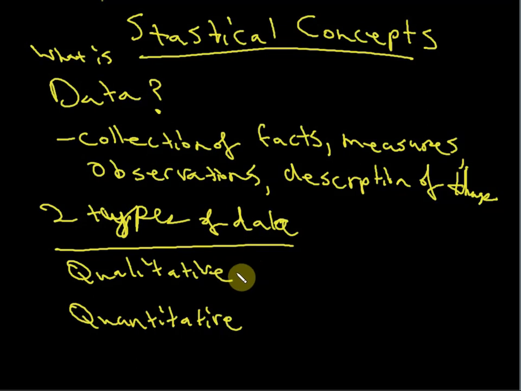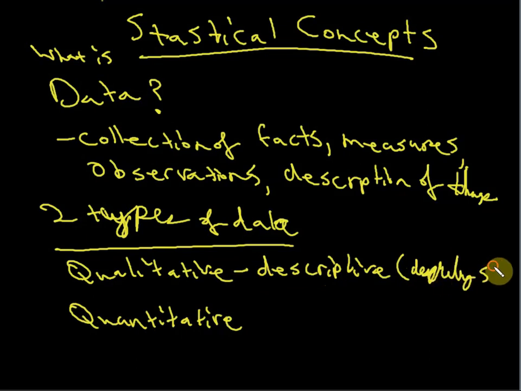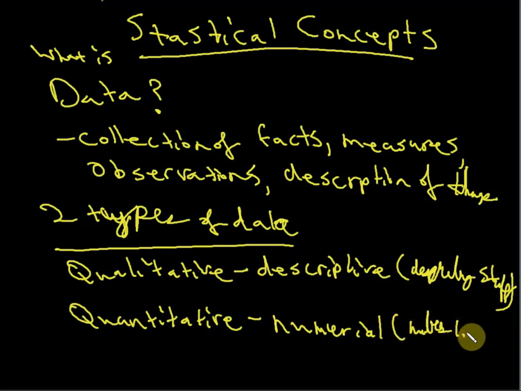And so the qualitative data is descriptive, which means you're just describing stuff. And the other is numerical. Think numbers, like 1, 2, 3, dot, dot, dot.